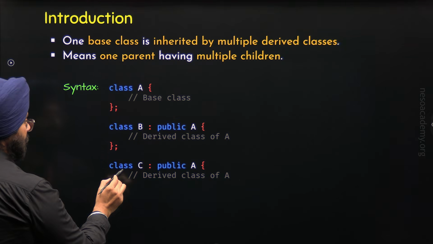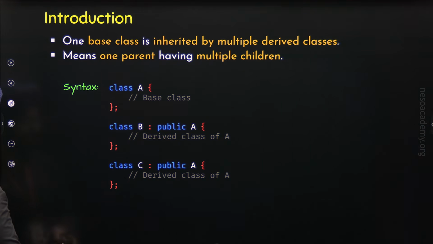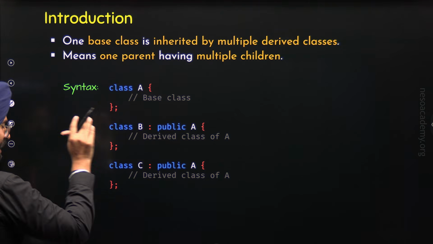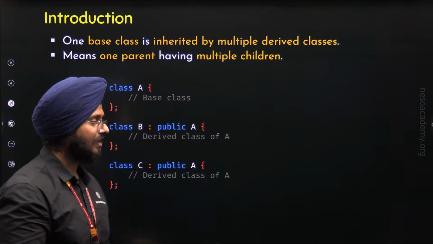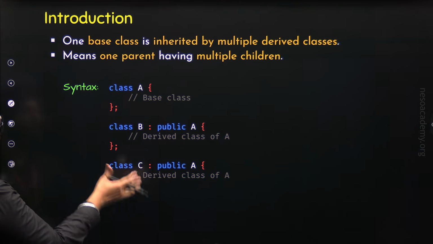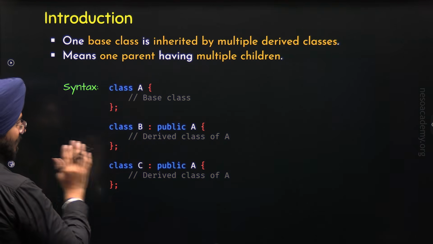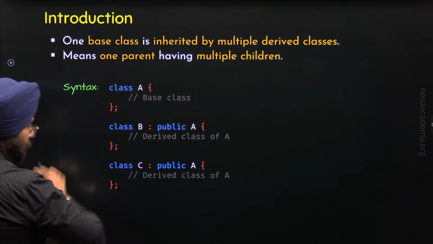Then we have class C, which is inheriting from class A. Therefore, we can say class C is the derived class of class A. Here we can observe that we have one base class and we have multiple derived classes of that base class. So here we have hierarchical inheritance. This is because one parent has multiple children.